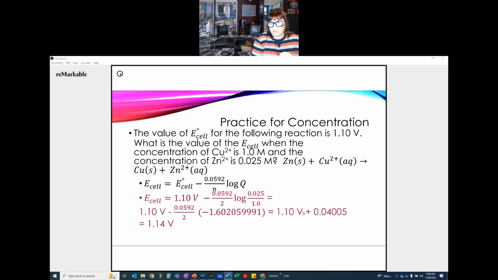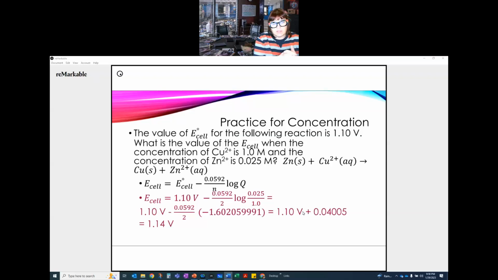So we've done that before. We calculated the standard potential. That was 1.10, one of the first ones that we talked about. So my E cell is going to be equal to that E naught, 1.10 volts, minus 0.0592 over N, which is 2, times the log of Q. My Zn2+ is 0.025, and my product is the 1 molar Cu2+.